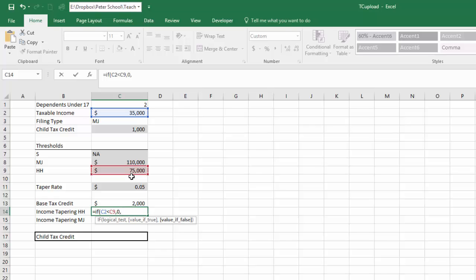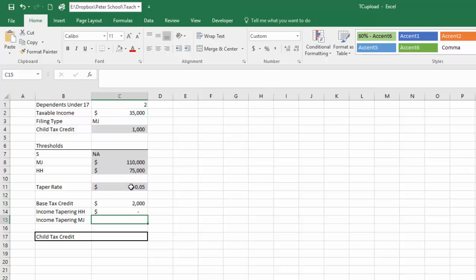However, if your taxable income is greater than $75,000, we compute your taxable income minus the threshold and multiply that by the taper rate. That gives us the amount that gets deducted for having income beyond the threshold. In this case, we can see that the person's income is not below.